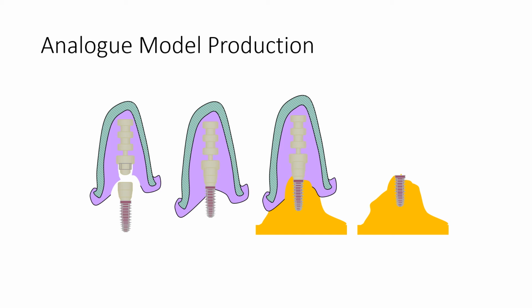If a base was used in the original impression, then a base has to be placed on top of our implant analog in order to produce an accurate analog model. If the base is not positioned, then the implant or analog will end up being too high within the model, and the final restoration will not fit and be high to the occlusion.